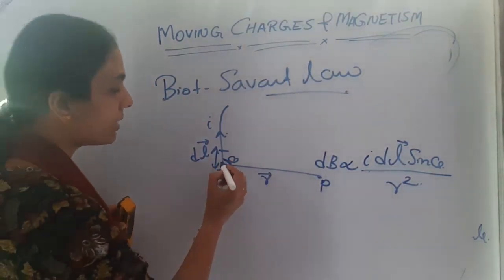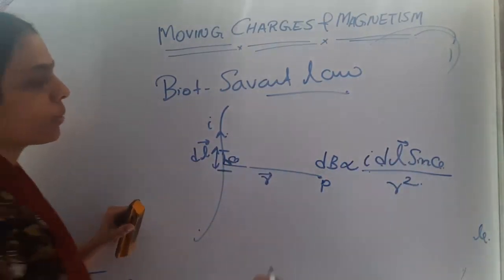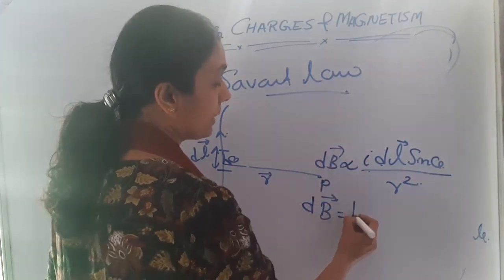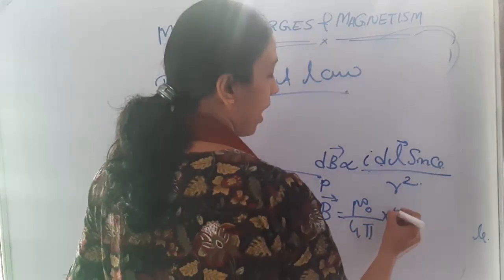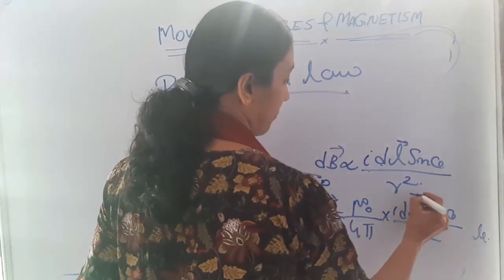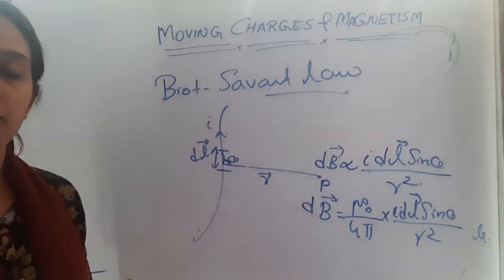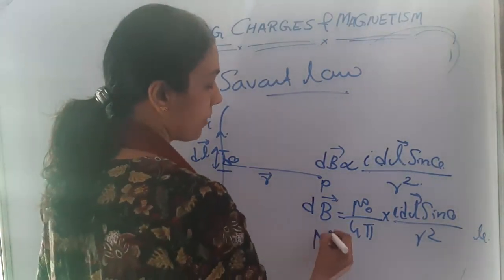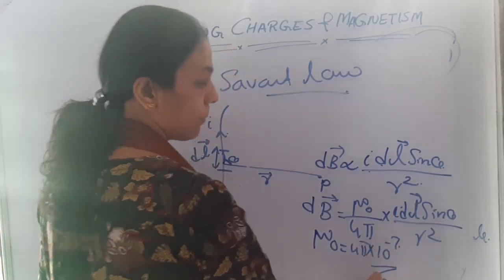So dB, which is a vector quantity, is equal to mu 0 by 4 pi, that is a constant, into I dl sin theta divided by r square. What is mu 0? Mu 0 is the permeability of free space, and its value is 4 pi into 10 to the power minus 7.